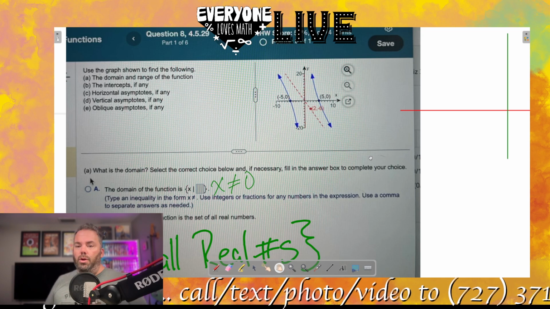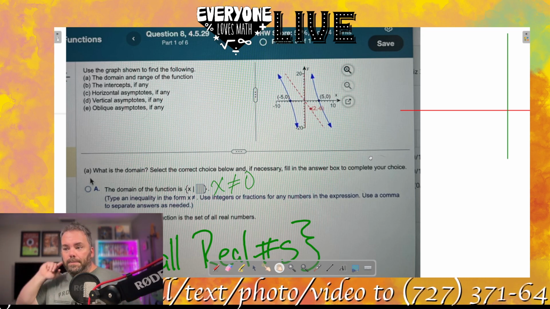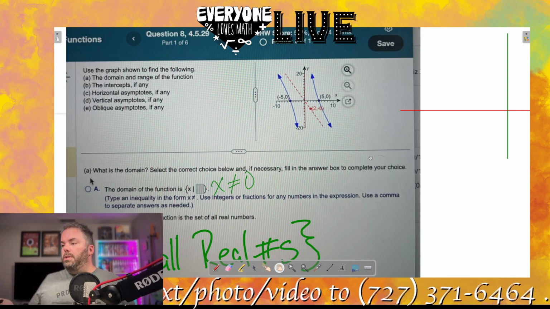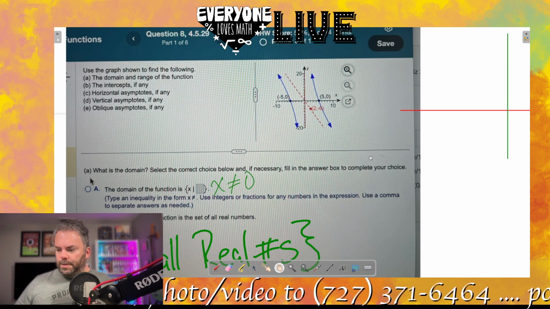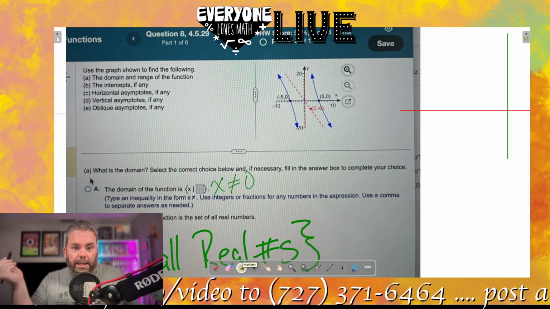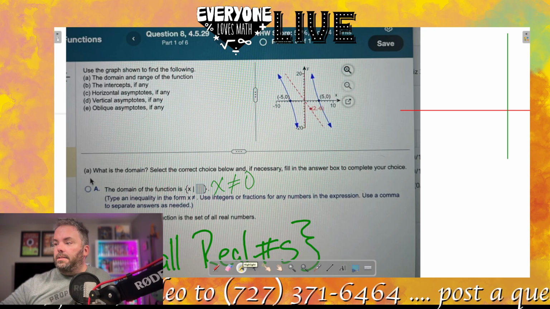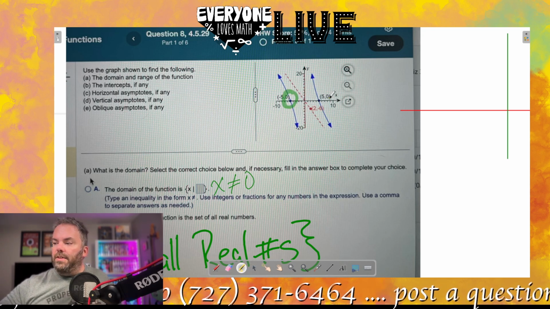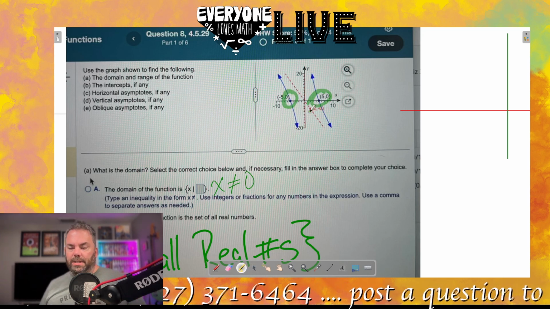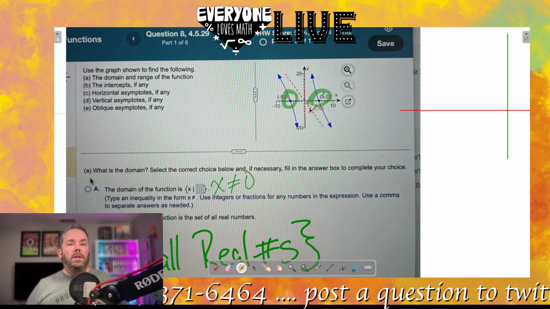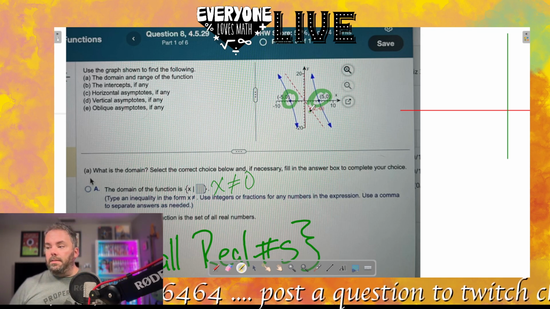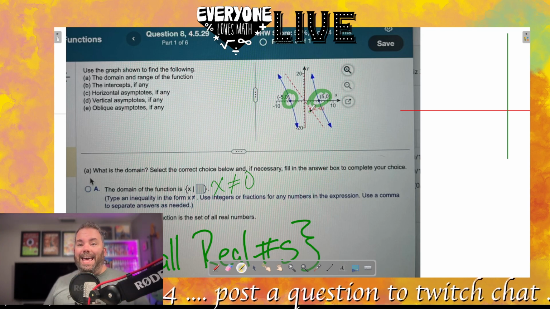Okay, so now we are ready for intercepts. Good news, the x-intercepts are literally labeled on the graph for us. The x-intercepts are (-5, 0) and (5, 0), and those are the only two places where the function touches the x-axis.